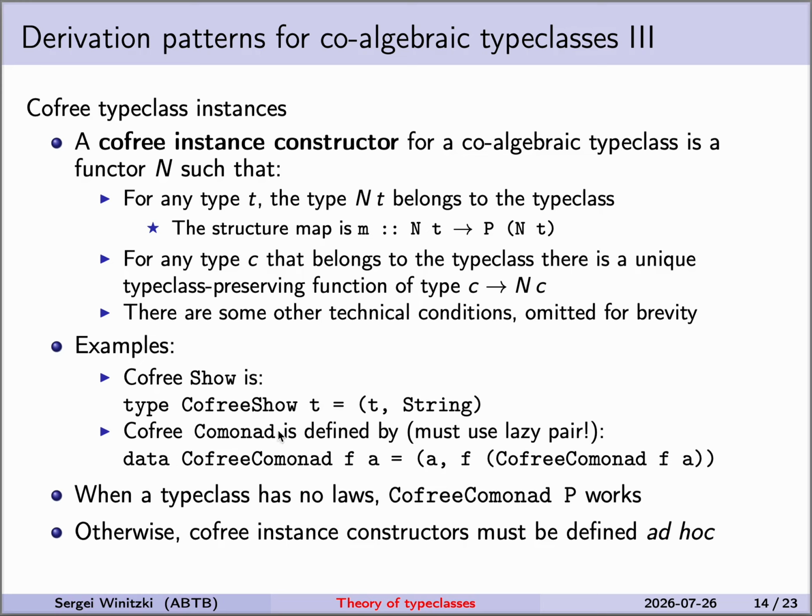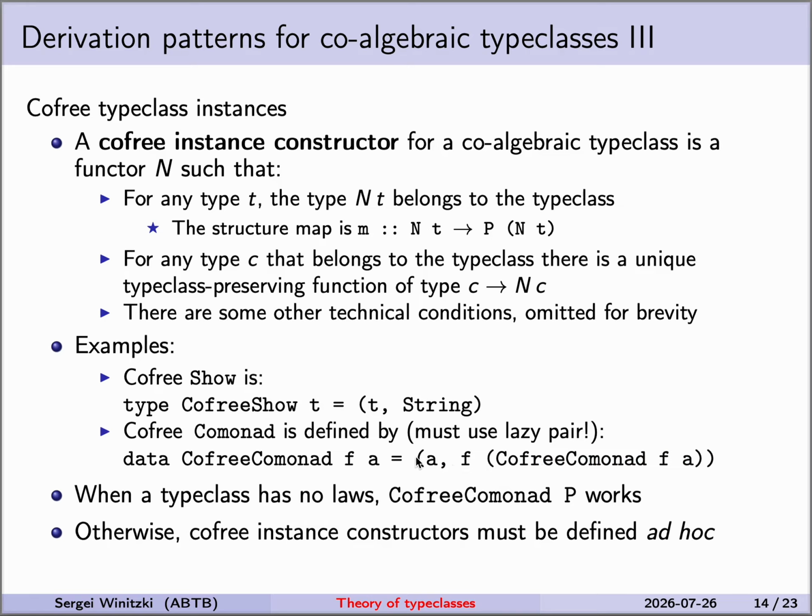Cofree comonad. So comonad is a co-algebraic type class, and it has a cofree instance. It doesn't have a free instance. It has a cofree instance, which is defined like this. And this must use a lazy pair, because otherwise it will immediately diverge.